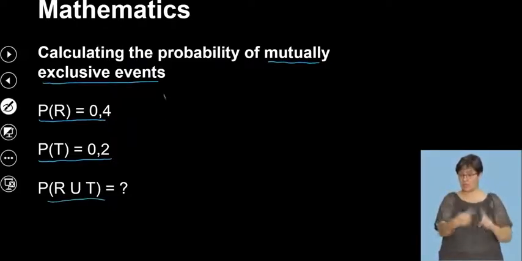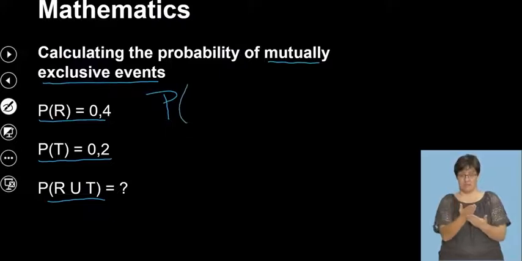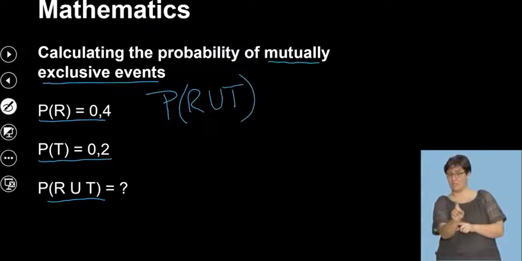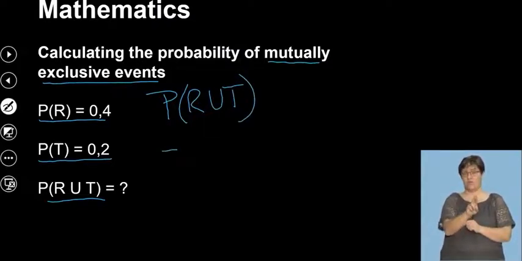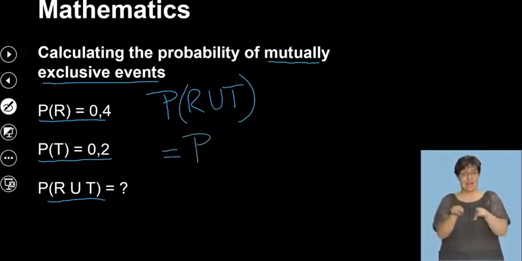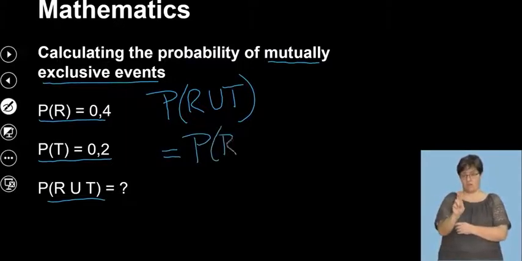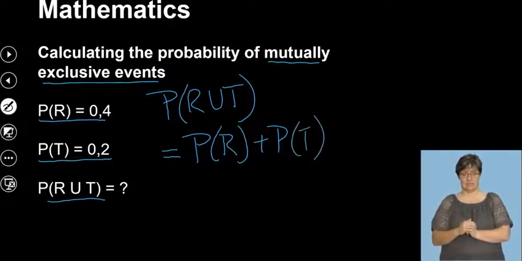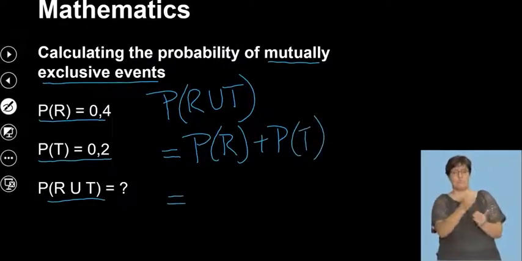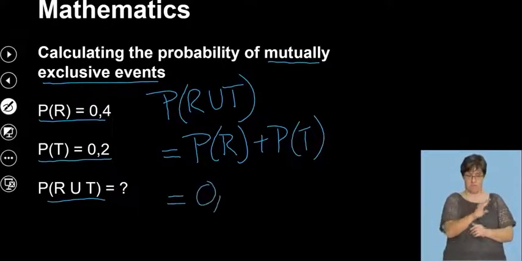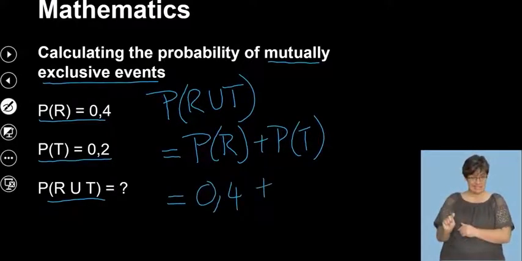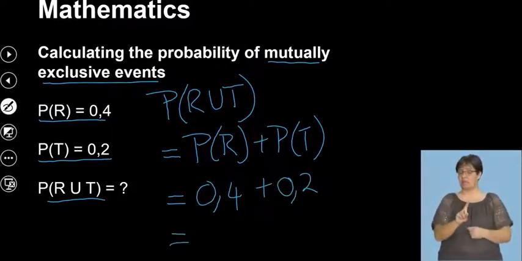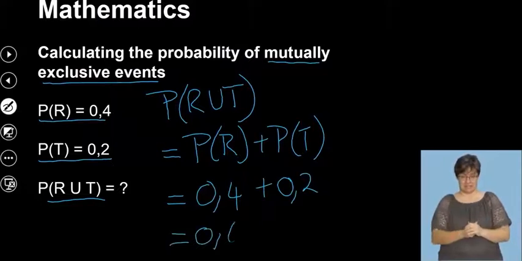If it's mutually exclusive, remember we said the probability of R union T is equal to the probability of R plus the probability of T. In this case, the probability of R is 0,4, and the probability of T is 0,2. We can add those two together to get a probability of 0,6.